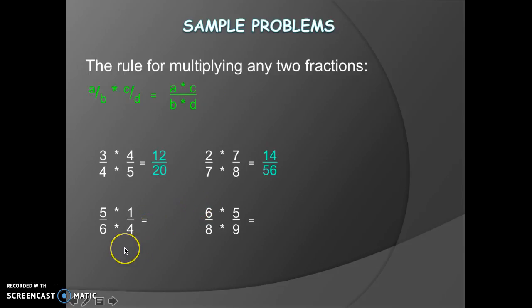Down here, multiply across the top, the numerators, multiply across the bottom, the denominators. Finally, see if you can figure this one out. If you guessed 30, you're right. What about the bottom? 72. Okay, we're just going to leave our answers as fractions today.